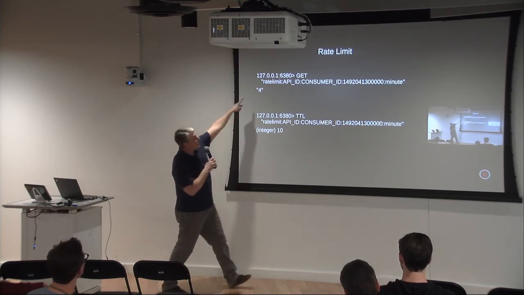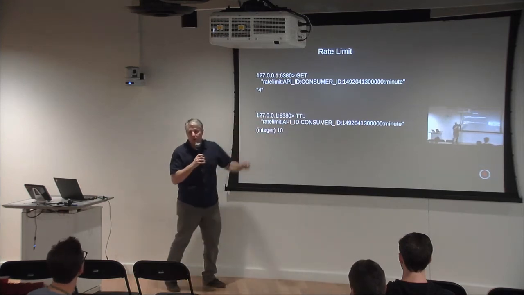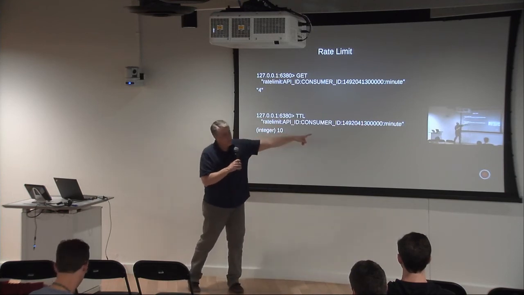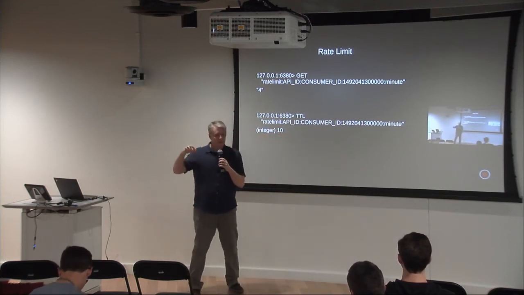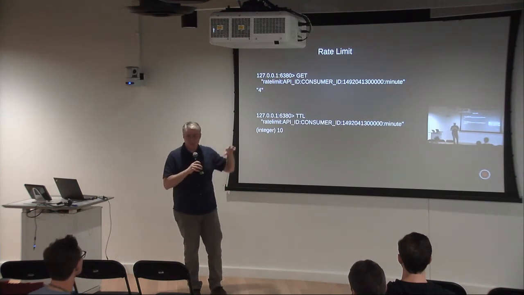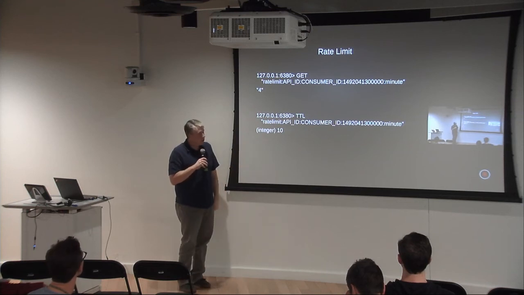And you can see what's actually inside these Redis keys. This number gets decremented, right? And if you look at the TTL, they're set. The second key has a TTL of 1 second. The minute key has a TTL of 1 minute. So these keys actually get cleaned up for you as Redis is running in production.